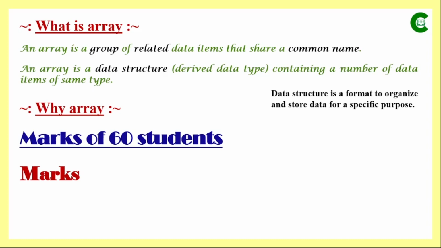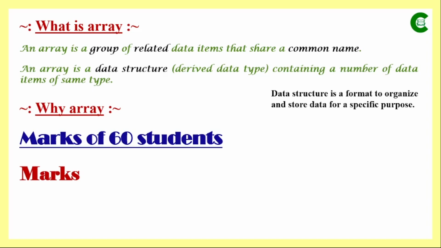Suppose we have stored the marks of the first student, and after processing the marks of the first student, we again store the marks of the second student in the same variable. Then what will happen? The marks of the first student will vanish, it will be lost. Now if in the later part of the program we need the marks of the first student, we will feel helpless. So by using a single variable, we cannot manage the marks of 60 students.